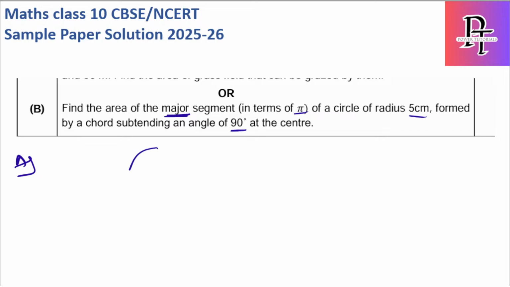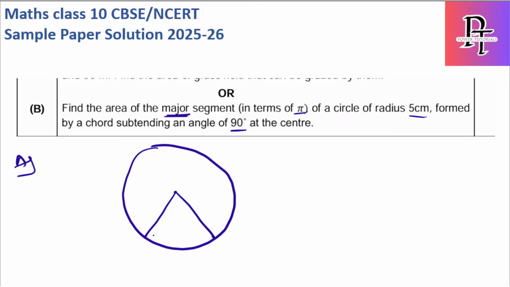Okay, let's draw the circle first. So we have a center. We have a point. And this is the minor segment, but they are asking for the major segment, which is the dotted part.